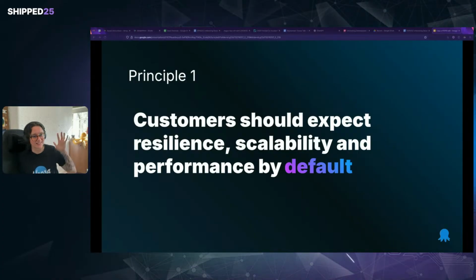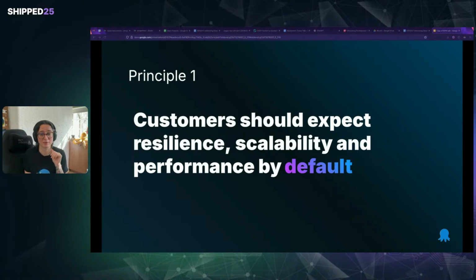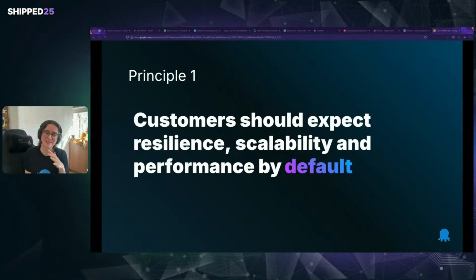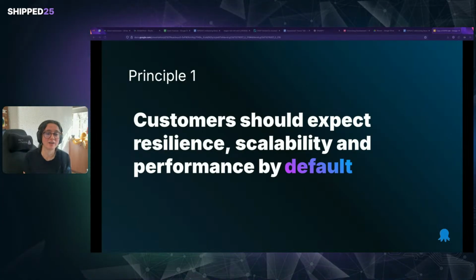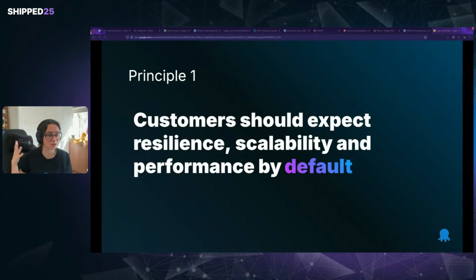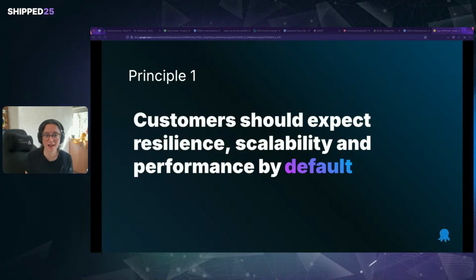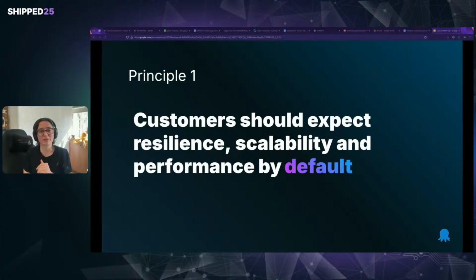So digging into that first principle that customers should expect resiliency, scalability, and performance by default, and particularly they shouldn't have to be aware of the V2 pipeline. They shouldn't have to, when they are building their deployment pipelines, try to build in this new world. Everything should just continue to work exactly the same as it did before, but a little bit more resilient in the new world.